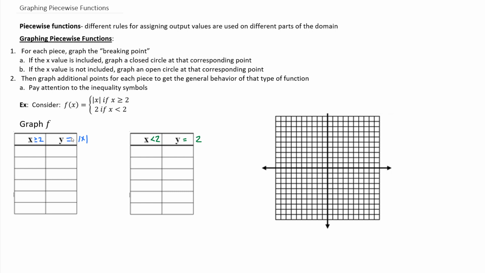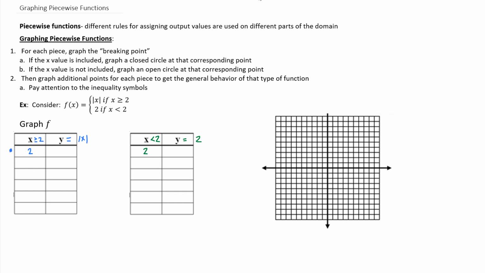So what I usually do is I list that as my first x, my breaking value, like where the graph breaks into pieces. Now on one piece it's defined and on the other piece it is not. So if you look here, for the first piece it says x is allowed to be equal to 2. So I know for sure that it's defined at x equals 2.